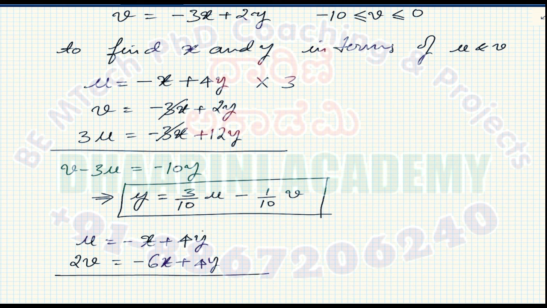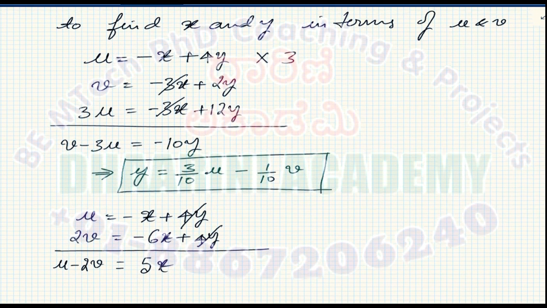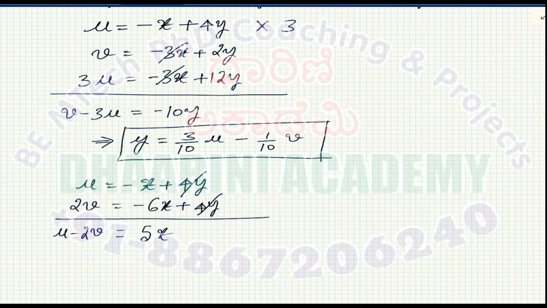If you subtract now, these two will get cancelled. So u minus 2v equals minus 1 plus 6, which is plus 5, so that is 5x.